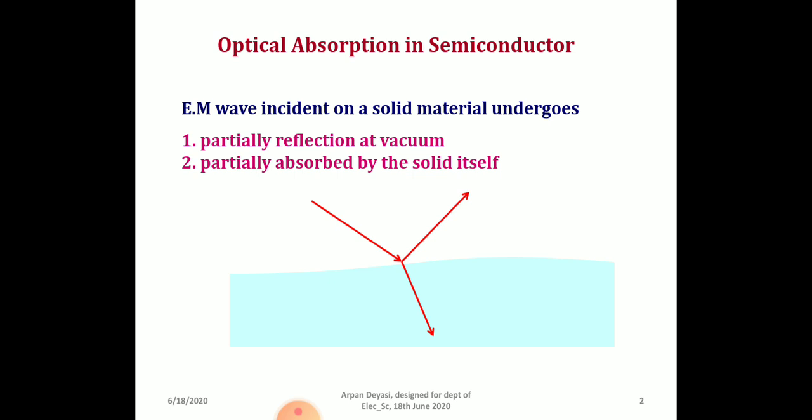Two media means they are different in terms of refractive indices. If an electromagnetic wave comes, some part will be reflected and some part will be refracted. The refracted part we can consider as absorbed in the second medium.